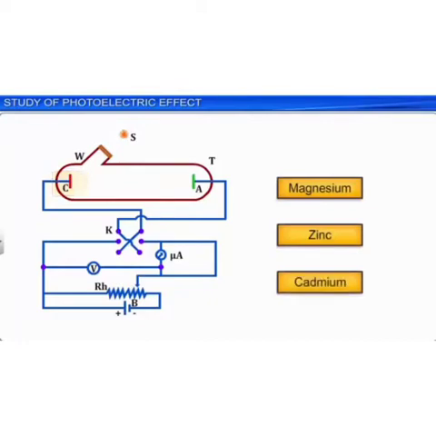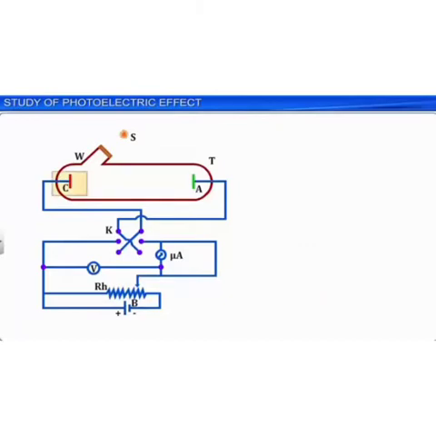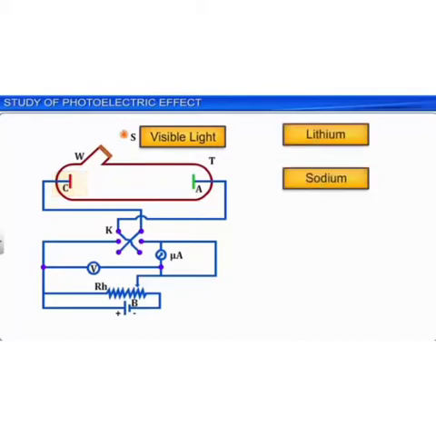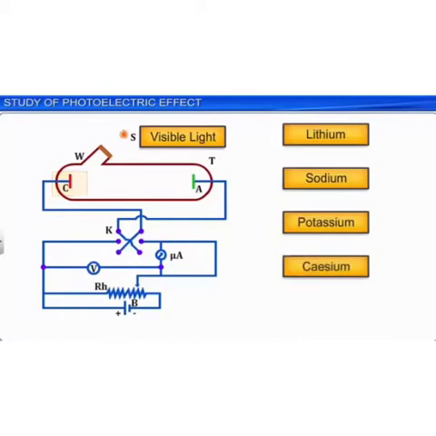These metals produce the photoelectric effect with ultraviolet radiation. However, if the source of light used is visible light, then the photoelectric effect is observed with metals like lithium, sodium, potassium, cesium, and rubidium.